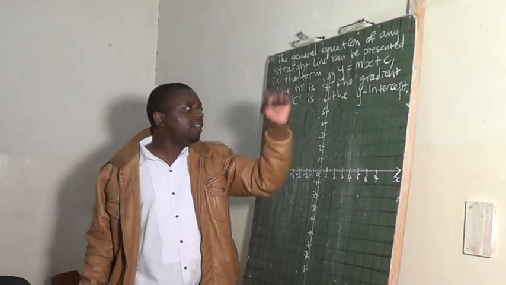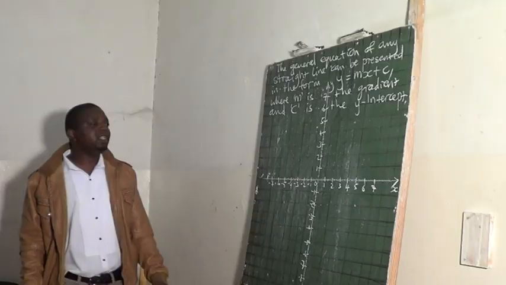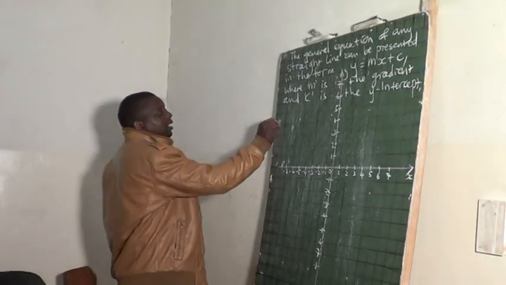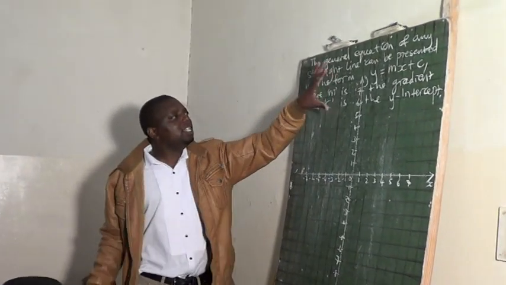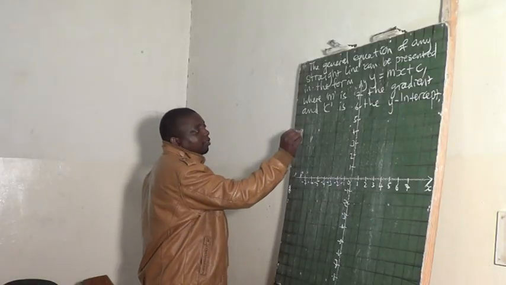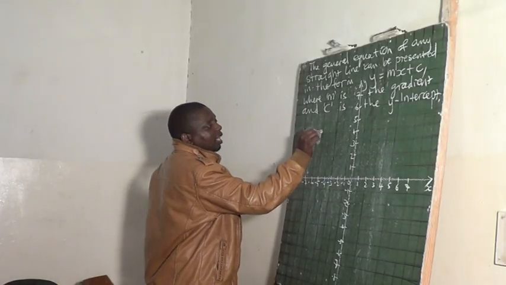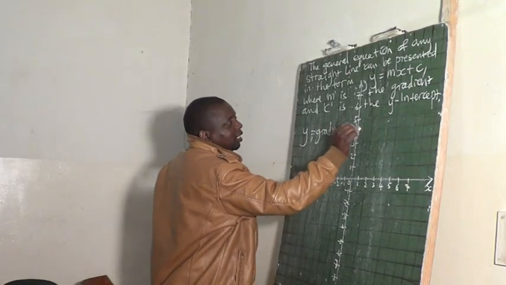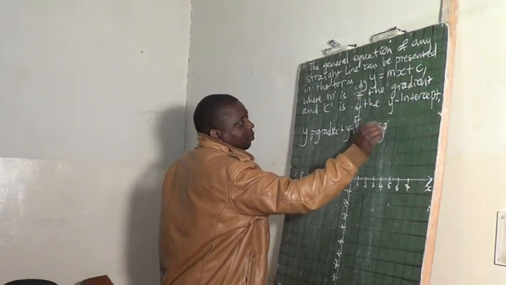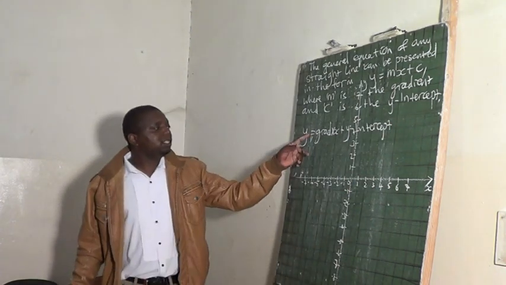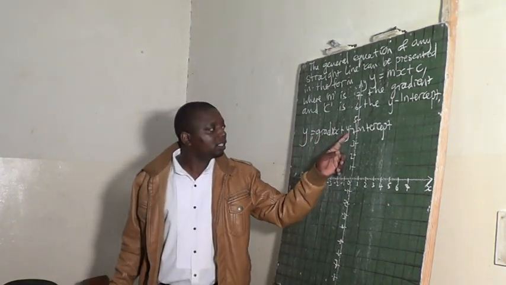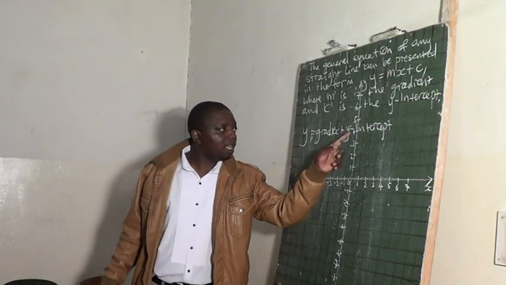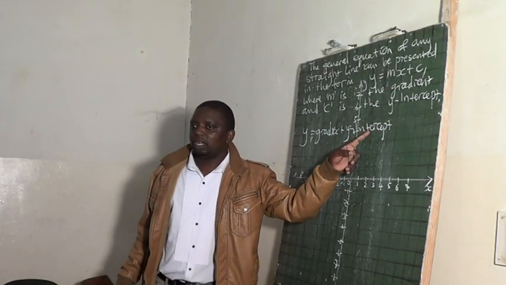So given any equation, you must be able to identify the gradient. So we can say any equation of a straight line can be presented in the form y is equal to gradient times x plus y-intercept.